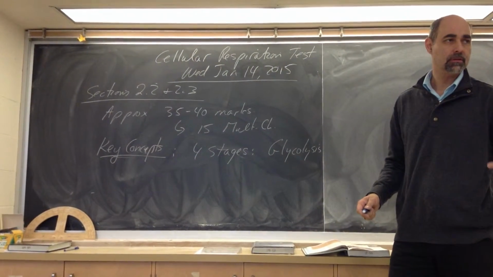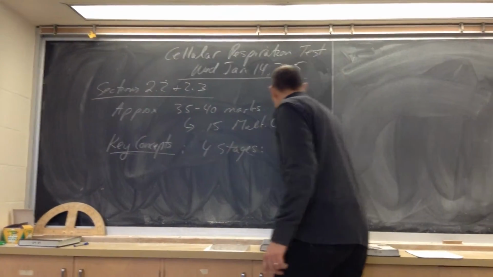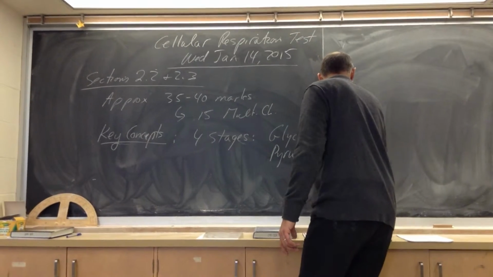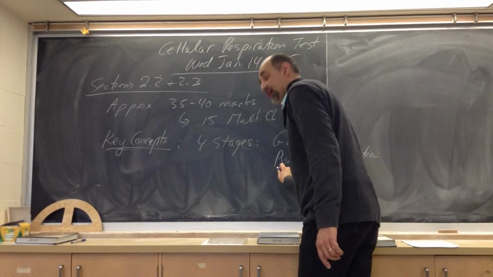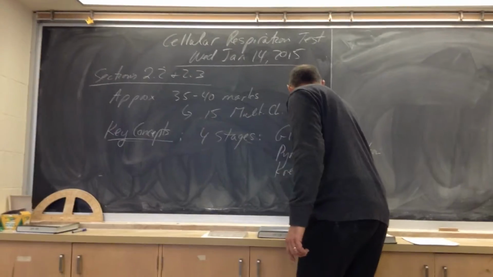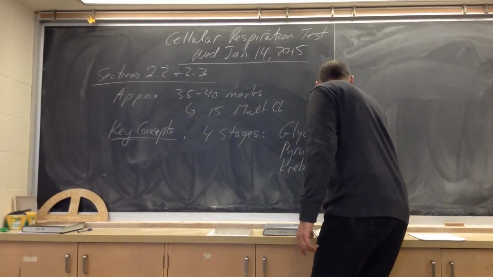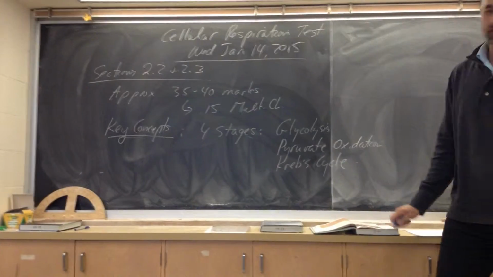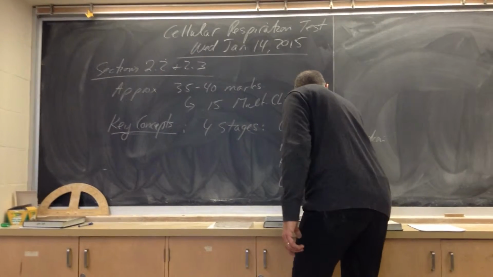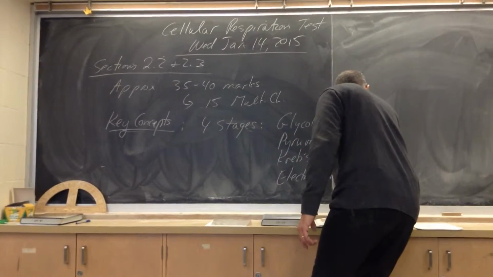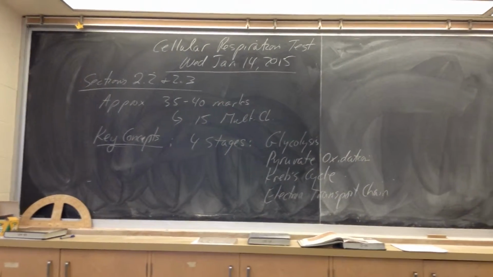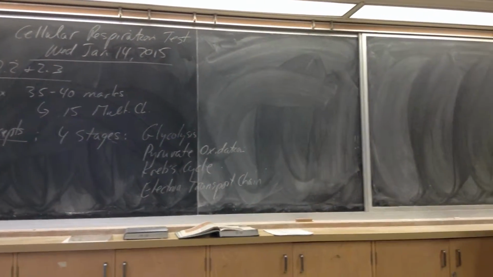Next, we have pyruvate oxidation, followed by Krebs cycle. And finally, our good old favorite is? I say that's all 4. How about the electron transport chain? So, those are the 4 concepts that are the 4 stages of cellular respiration.